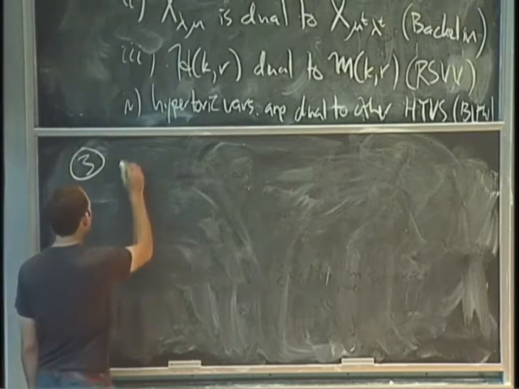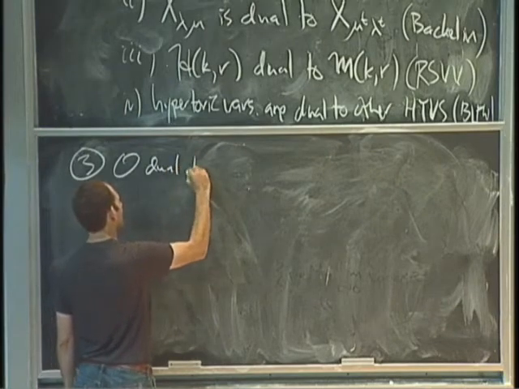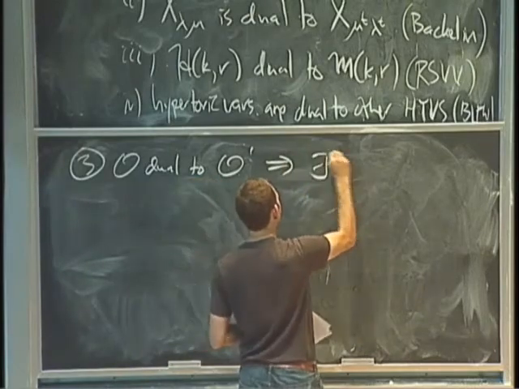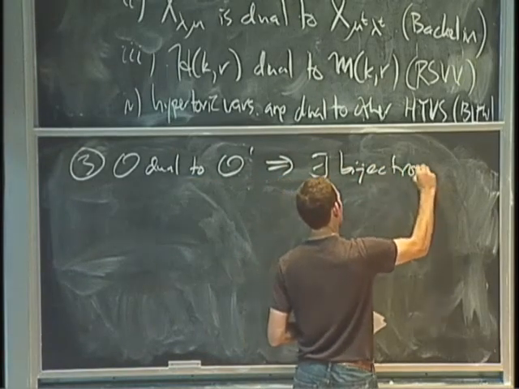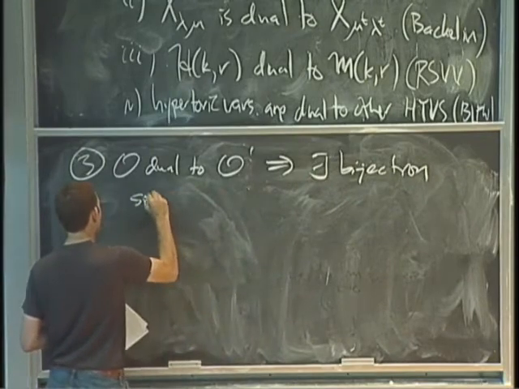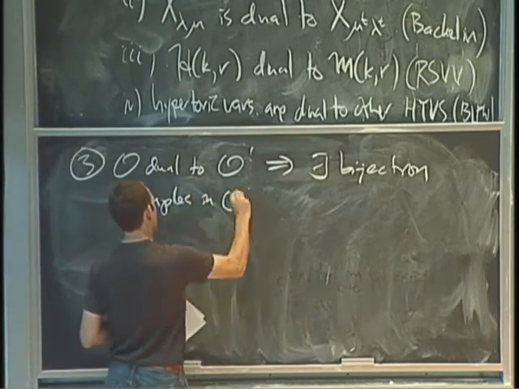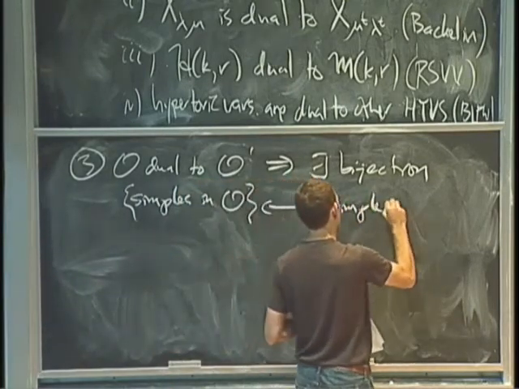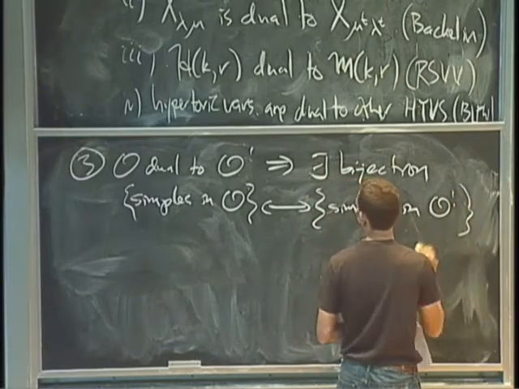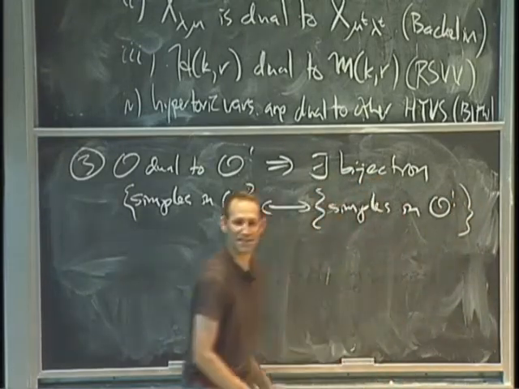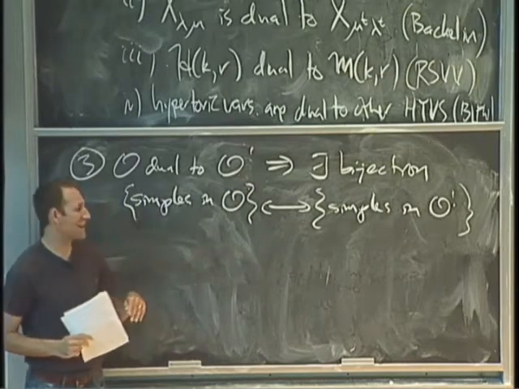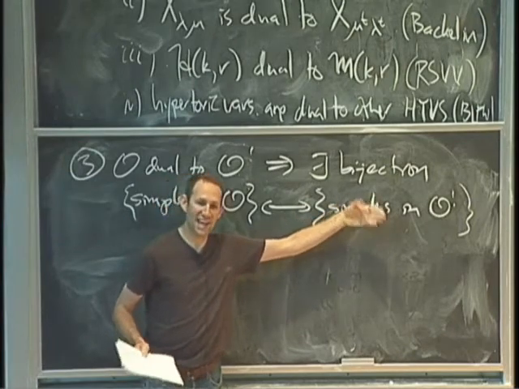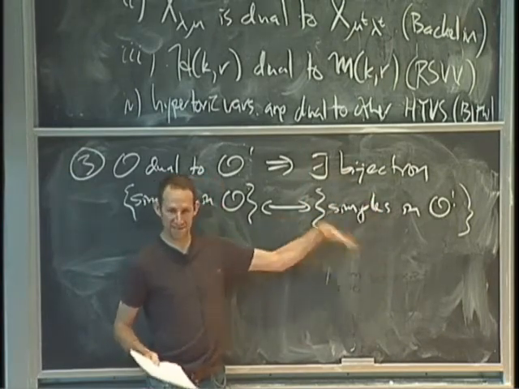If I have some duality between O and O prime, that means that I get a bijection between simples in O and simples in O prime, or O check. I've already told you how this is supposed to work. Really what happens is the graded lifts of simples go to graded lifts of projectives, but those projectives are minimal projective covers of simples.